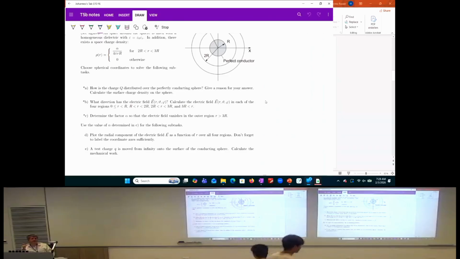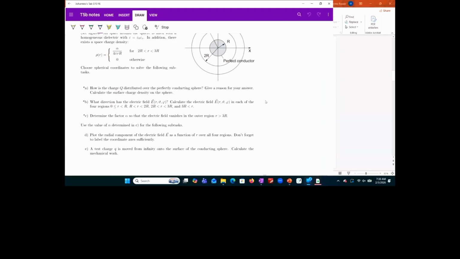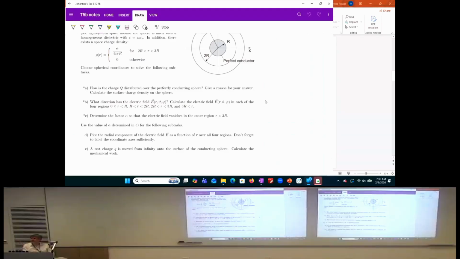What happens if you put charge on a perfect conductor? Where does the charge go? Who wants to give a guess? So it gives a charge q, but where will it be?